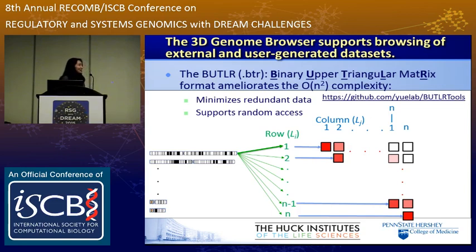So how this file format works is, of course, as you can tell from the name, it's a binary file. It stores the pointers to each row in the header, and each record in the row actually stores a pointer to each column. This really supports random access of the file.